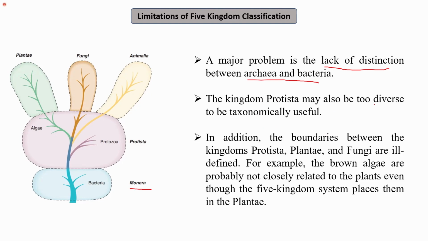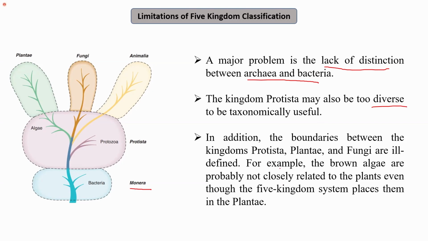The kingdom Protista was diverse based on nutrition also, because in the last lecture we understood that the organisms that belong to kingdom Protista were both autotrophic as well as heterotrophic. So very diverse organisms were included in the same kingdom. This is also one of the limitations.